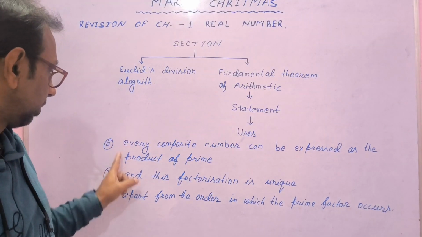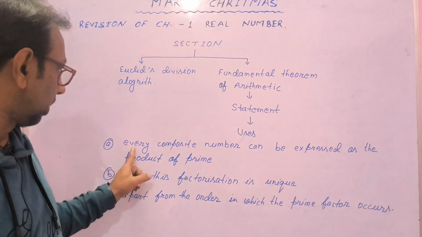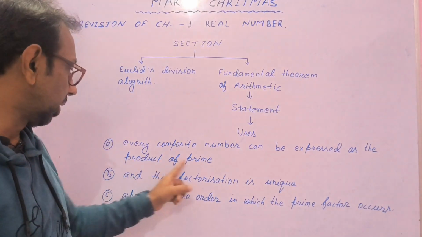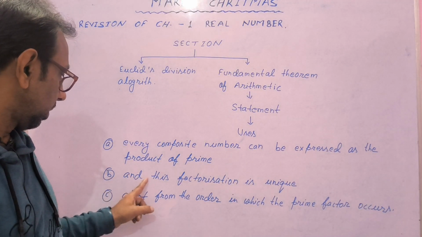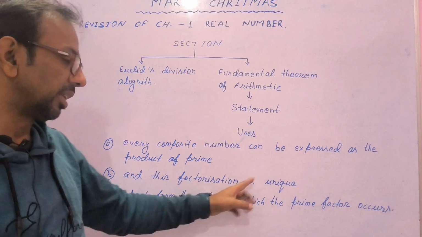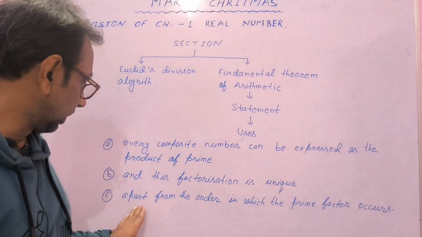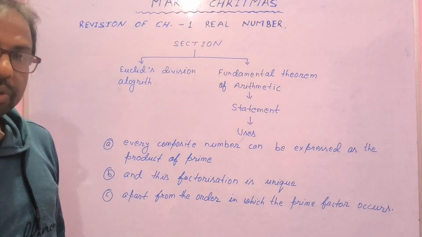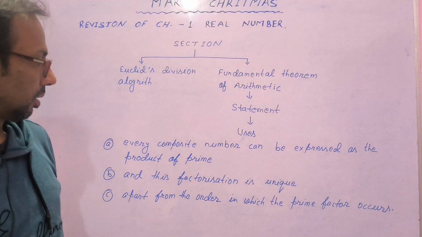I have divided this statement into 3 points. The first point: every composite number can be expressed as the product of primes. The second: and this factorization is unique. And the third point: apart from the order in which the prime factors occur.